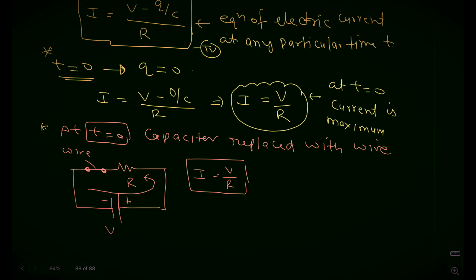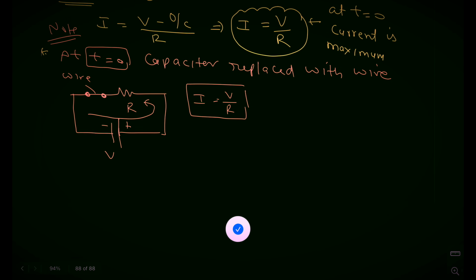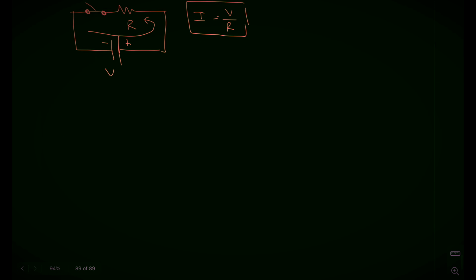Now next, this is a note point, note it down. The next point is what? At t equal to infinite, how much current do we get? I is equal to (V minus Q by C) upon R. This is the current equation at any time t.